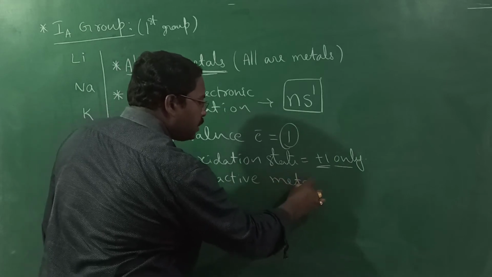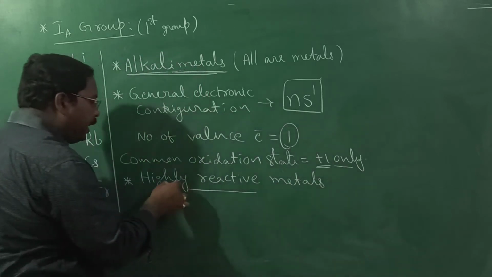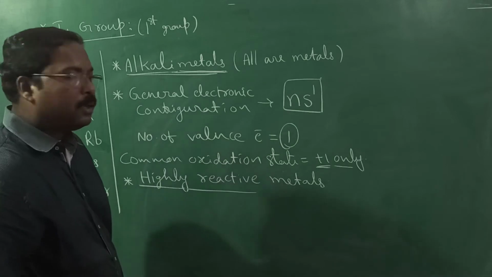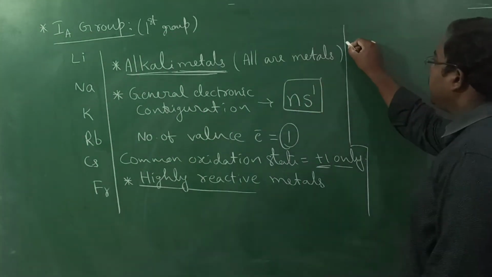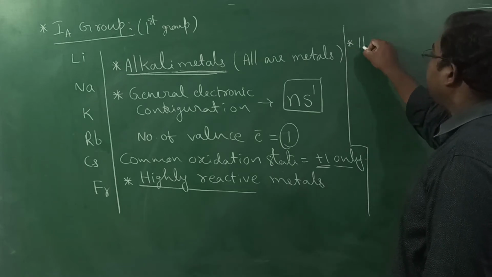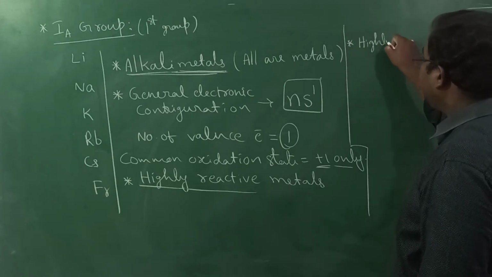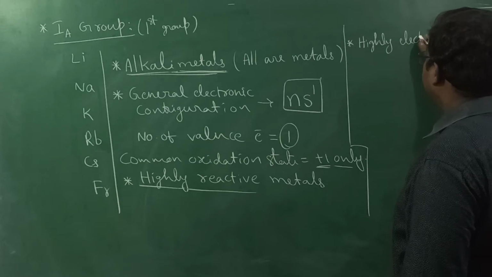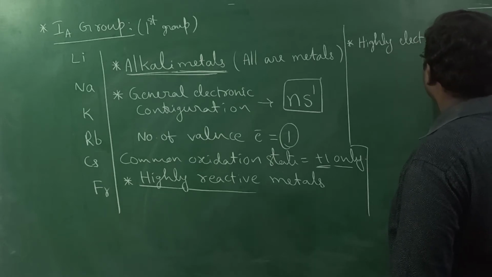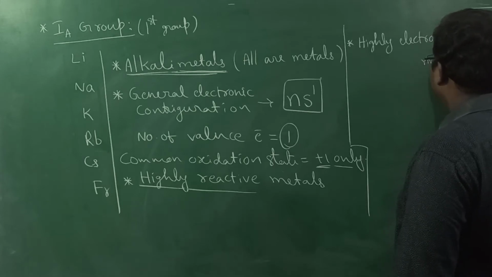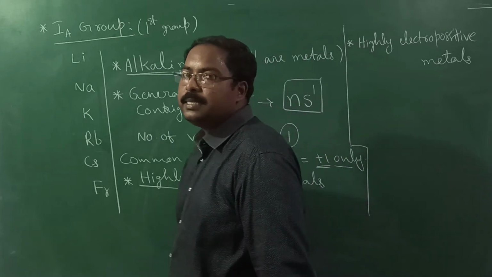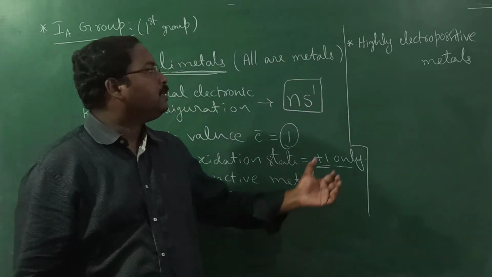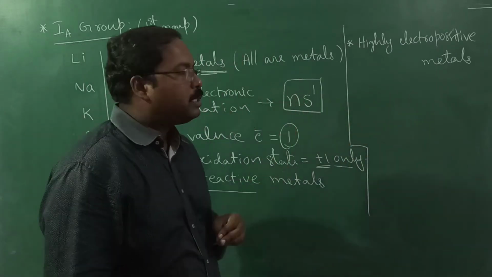So the first A group metals are highly reactive metals. The high reactivity of these metals is mainly because they are highly electropositive metals. Remember that: the first A group metals are highly reactive because they are highly electropositive.